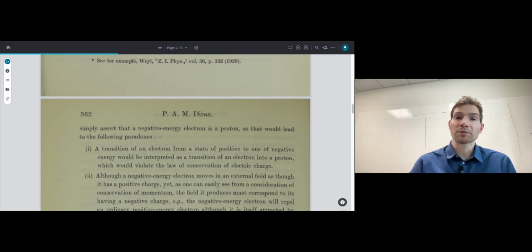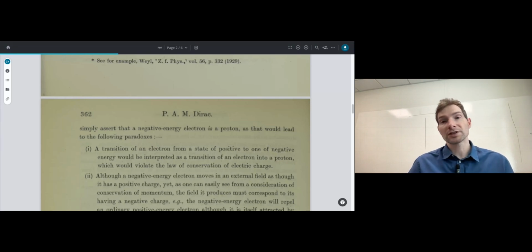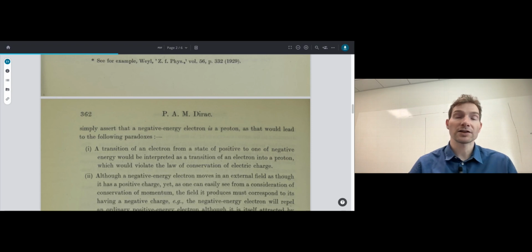Now, famously in this paper, he also talks about the Dirac sea idea, whereby using the Pauli exclusion principle we can imagine a sea of electrons, all of negative energies, and a vacancy in that sea of electrons ends up acting as a positive charge of positive energy, moving in the way an electron would.